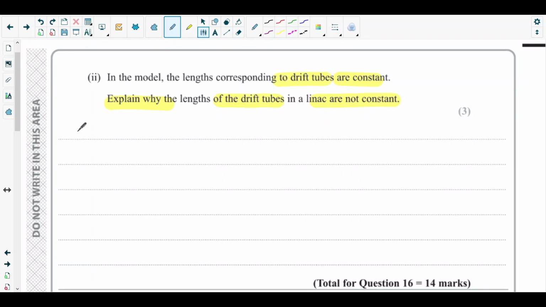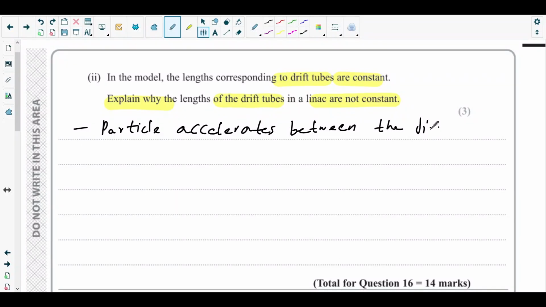Okay, so what we can say here is that the first point, the particle accelerates between the drift tubes, so speed increases.